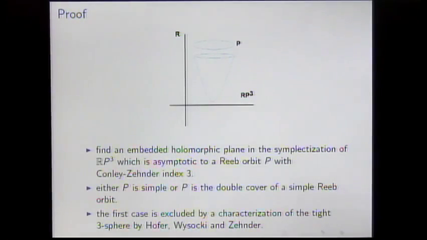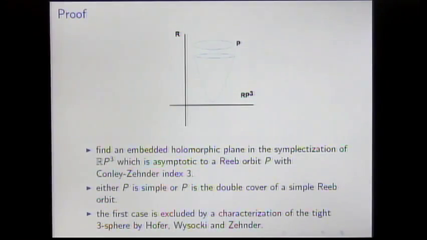And so the way we prove it is the following. You just have to find a finite energy plane, just one, which is embedded and asymptotic to an index 3 orbit. You just have to find this plane. Why? Because there is this assumption that it's dynamically convex.